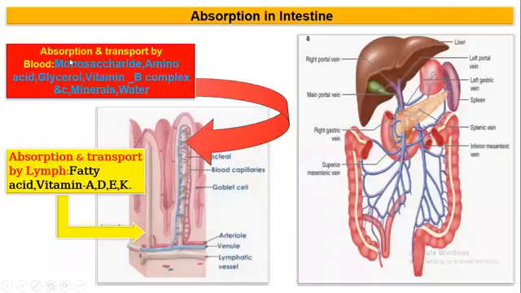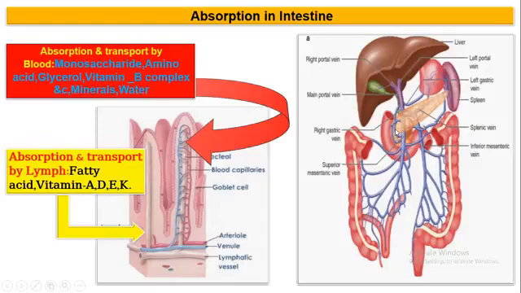Absorption and transport of blood is done by the capillaries of the inner growth of villi, and the lymphatic absorption transports substances in the lymphatic system. All substances absorbed in the small intestine are carried towards the liver, because the liver is a storehouse.